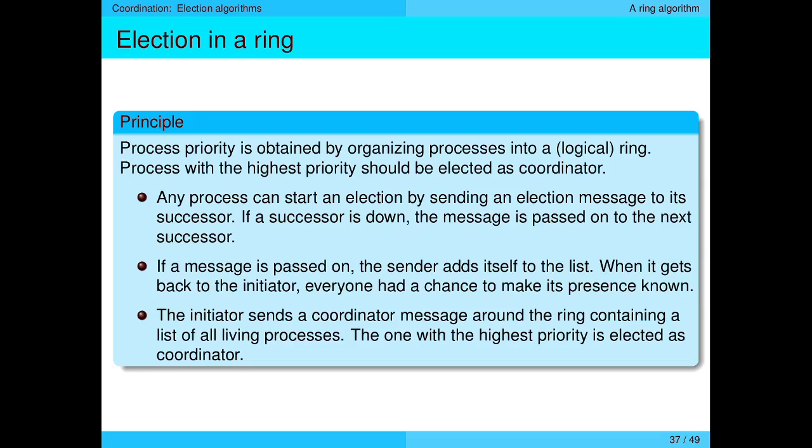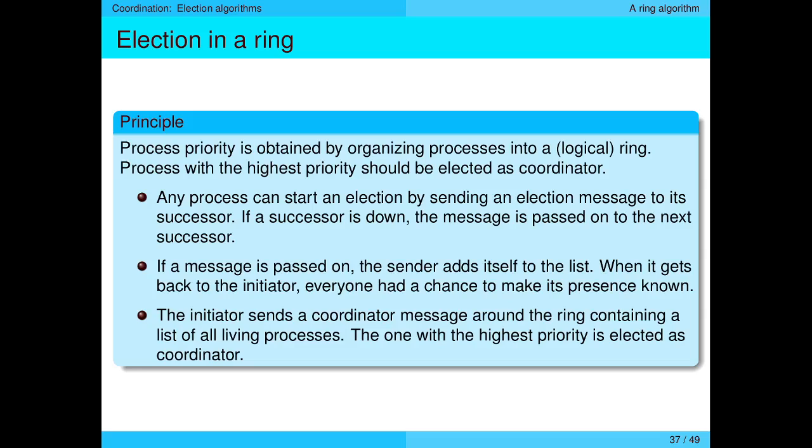Any process can start the election. It will send the election message to just its successor. If the successor is down, then to the next successor. If a message is passed on, the sender adds itself to the list, and when it gets back to the initiator, everyone has had a chance to make its presence known.